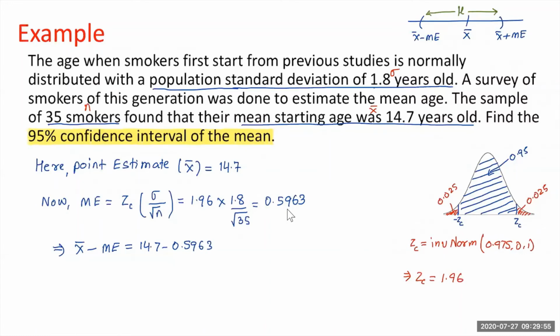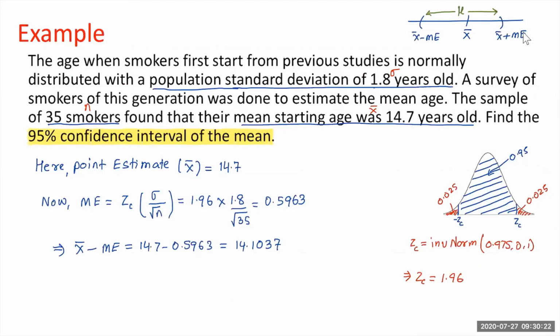So we are going to subtract that in the calculator. 14.7 minus 0.5963, and we get 14.1037. So that is the mean minus the margin of error, the lower end of the interval.